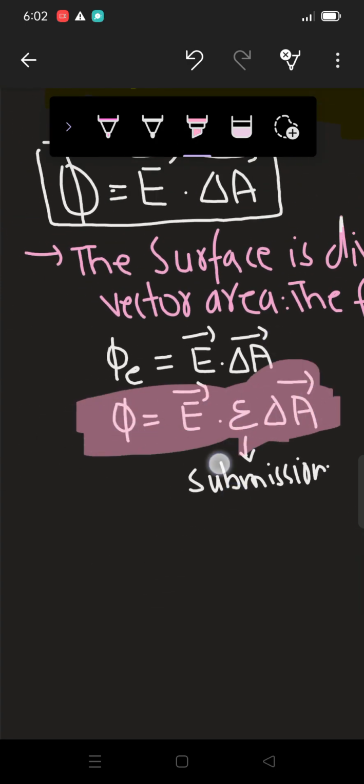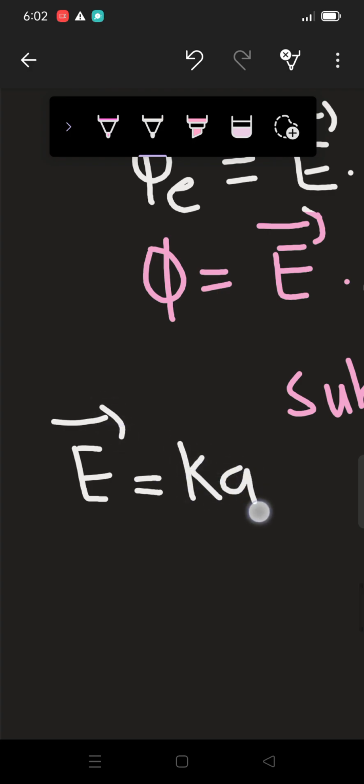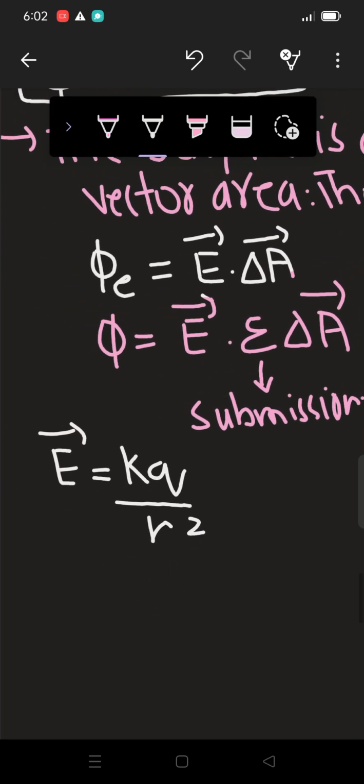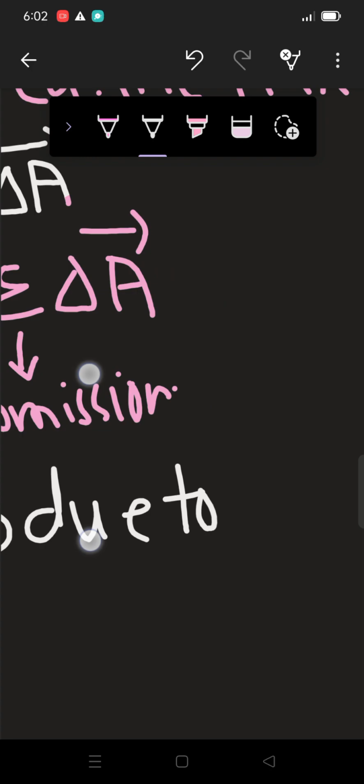Now, when we were calculating the electric field intensity due to an isolated point charge, we got that the electric field intensity is equal to kq over r square, E equals kq over r square.